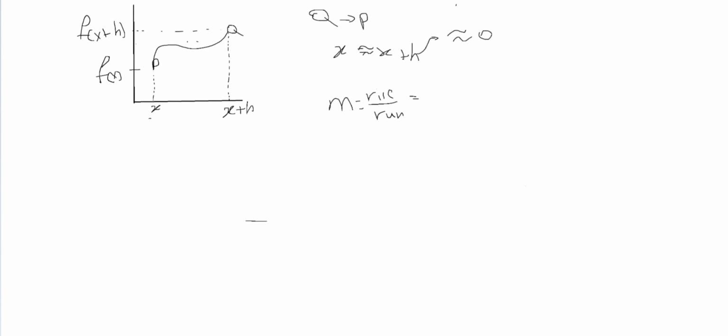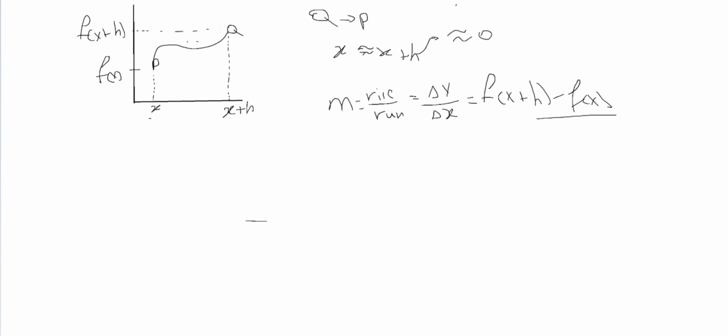Now rise over run is delta y over delta x, where delta y is f of x plus h minus f of x. Why is that?